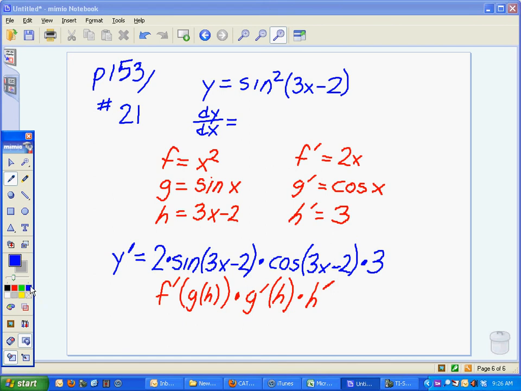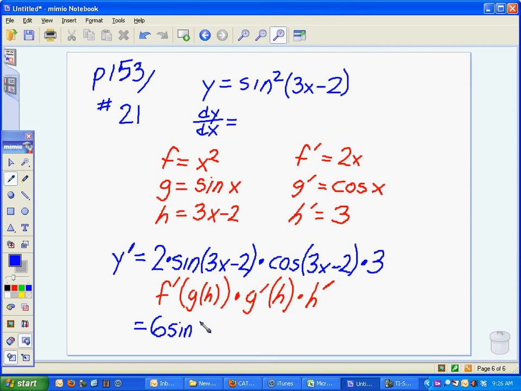If we wanted to write that like an amplitude out front, the 2 and the 3 we could combine together and call 6. And then we've got the sine of 3x minus 2, the cosine of 3x minus 2, and we're set.